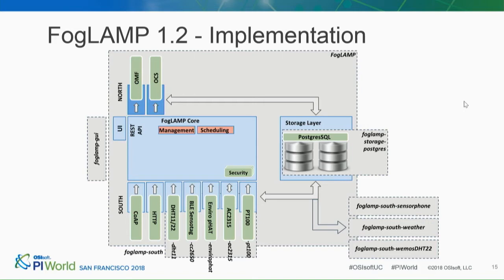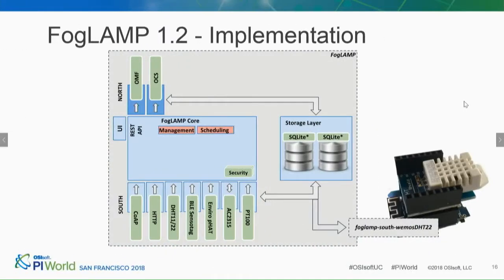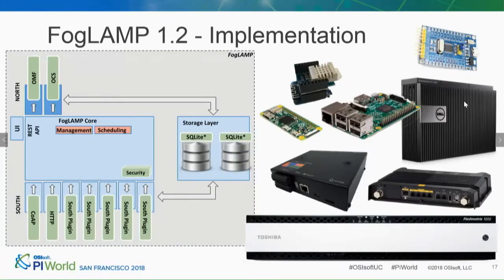And you will see, for example, FogLAMP-south-sensor-phone, which is an example of how you can connect external systems like applications from your mobile phone, or like the PT100 sensor or other things down there. Yeah, let's skip this for a moment.